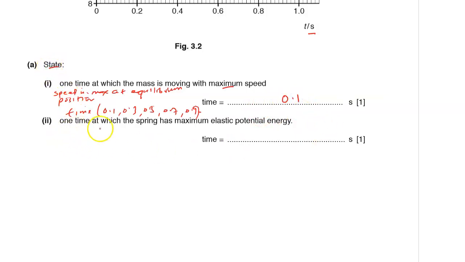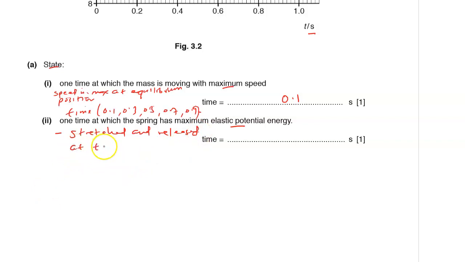State the time at which the spring has maximum elastic potential energy. Maximum elastic potential energy is when the spring is stretched, when it is stretched and released. Those points where it is stretched, that is when it has maximum elastic potential energy.